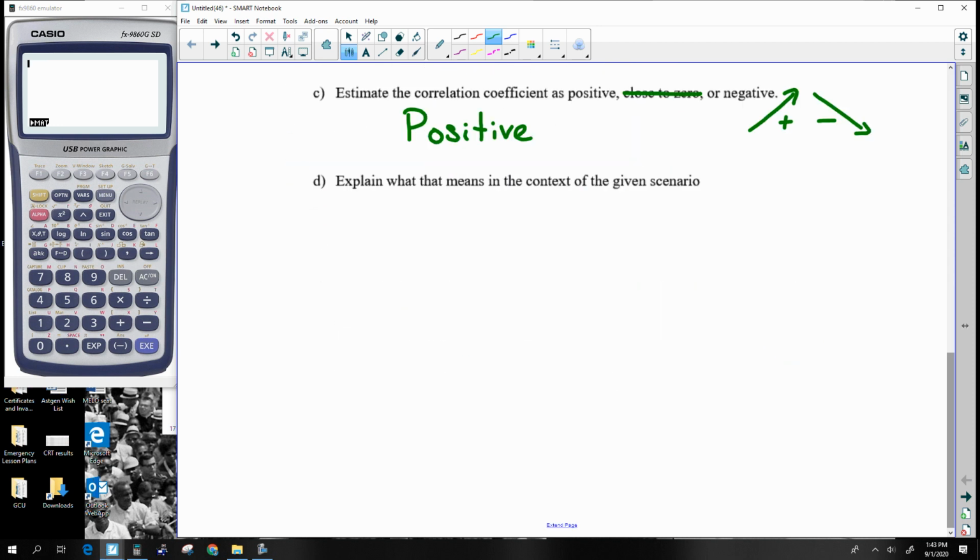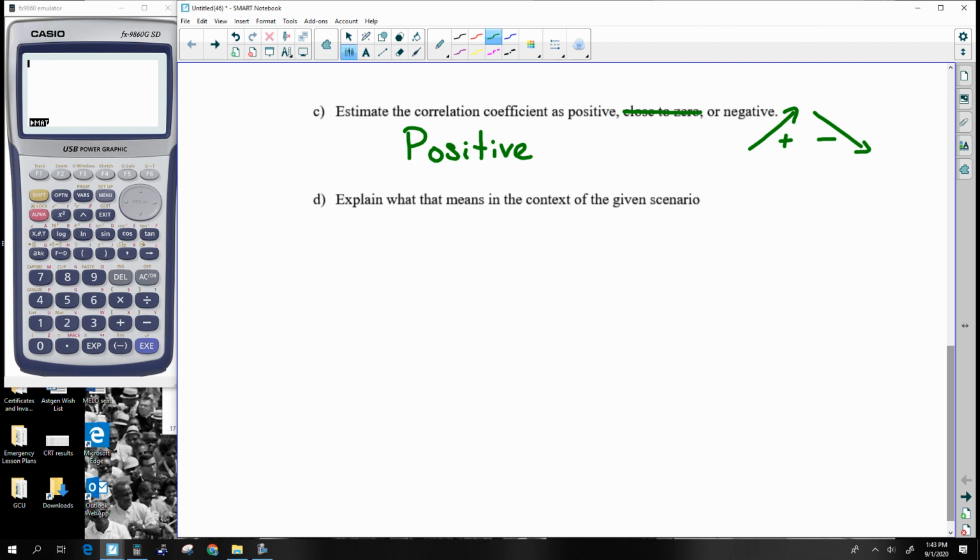Okay, and then last but not least, the writing prompt. If you recall, there is a writing prompt that I do want you to follow. Let's see if I can type it up here real quick.